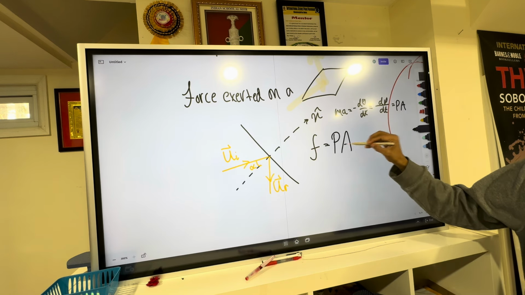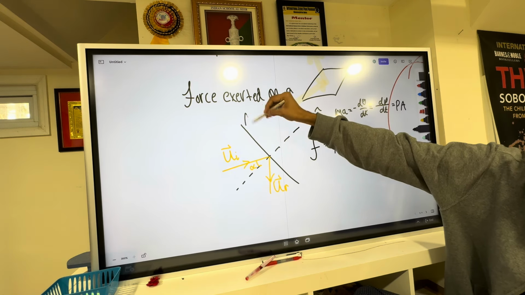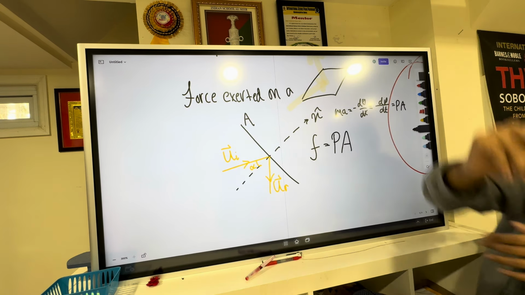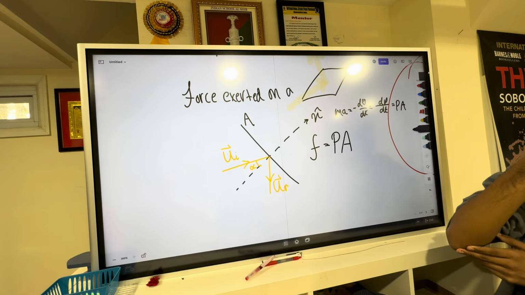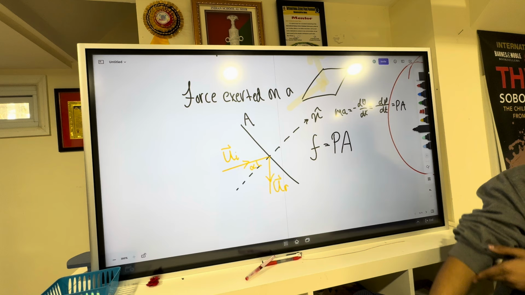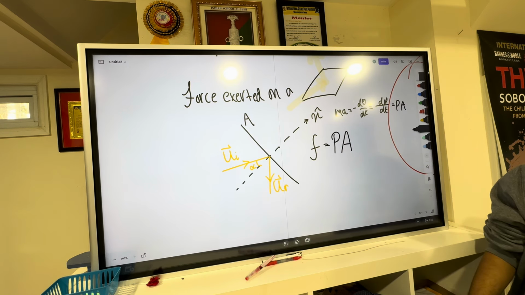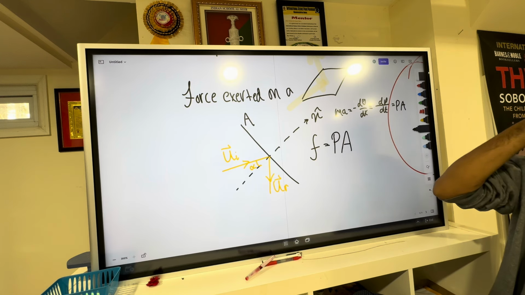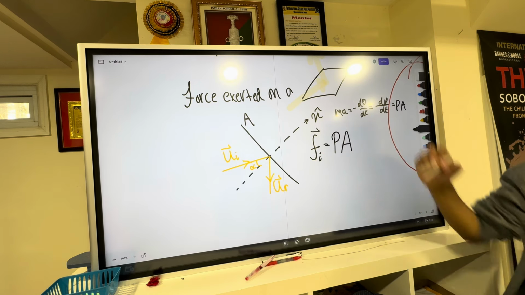So force is the radiation pressure times the area of the solar cell, right? What's radiation pressure? It's the pressure coming from the photons that are emitted from the sun. That's just a name. Okay, now, so far so good with this? Now, this is the force due to the incoming photons.